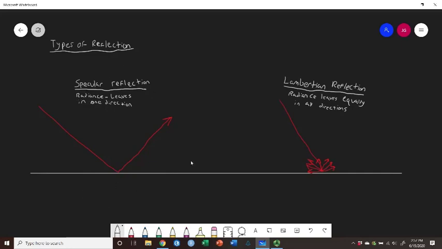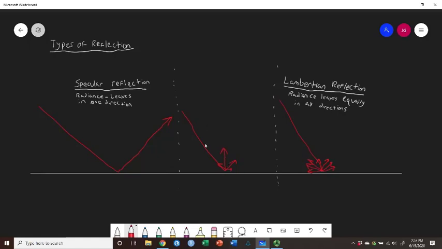But most things do something more like this. It hits the surface. Some goes this way, some goes that way, a little bit goes this way, maybe a little bit goes this way.